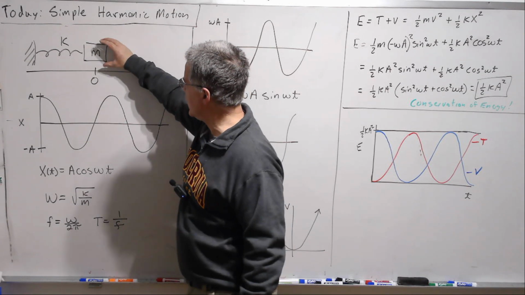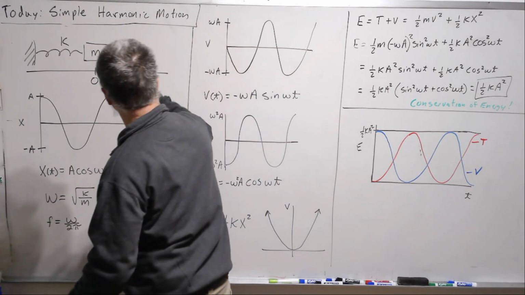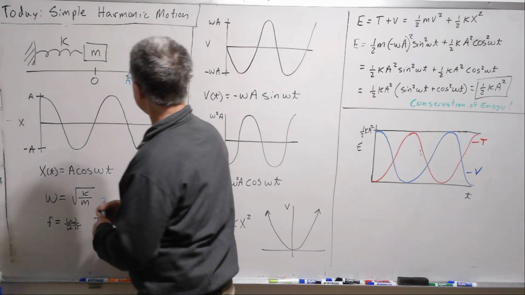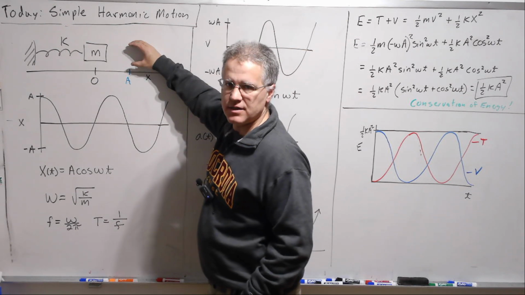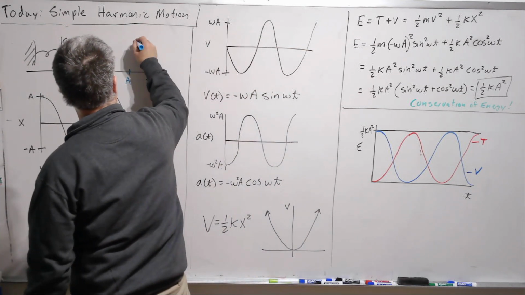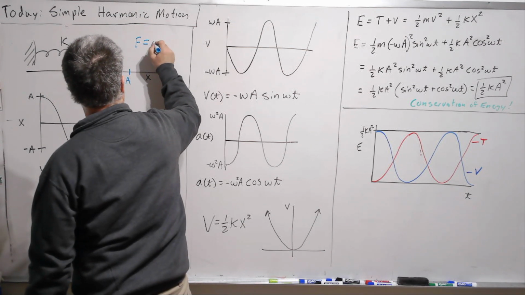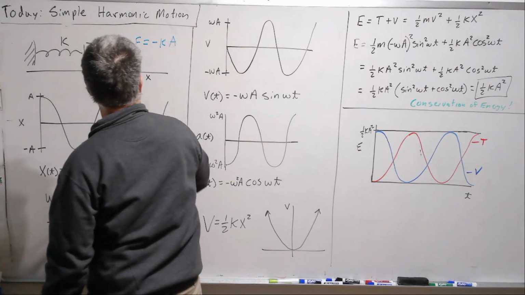If I take this spring and I'm going to move it, I'm going to pull it back a distance A. And that's called the amplitude of this motion. So I'm going to pull it back to distance A, and that's going to require a force equal to minus Ka.